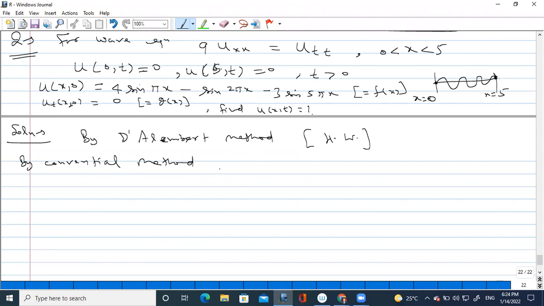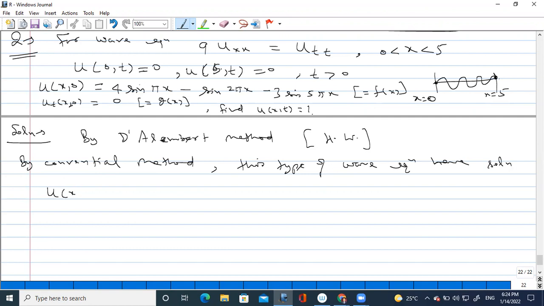So by the conventional method, how can we solve it? We have to use the same formula first. So by the conventional method, this type of wave equation will have a solution. Because we have to recognize the wave equation, then we have to apply the formula.